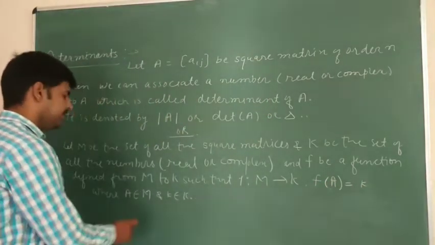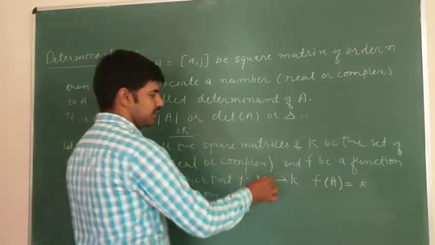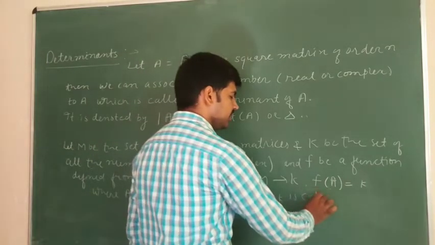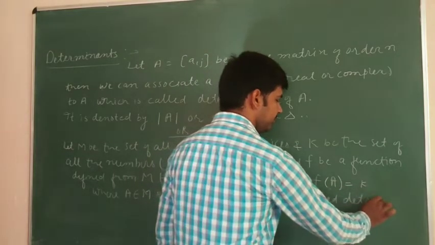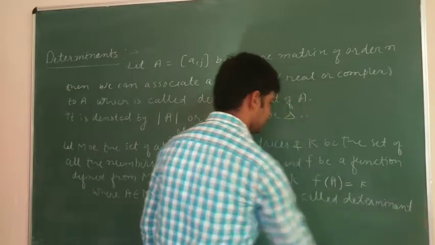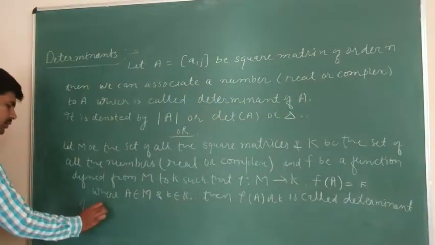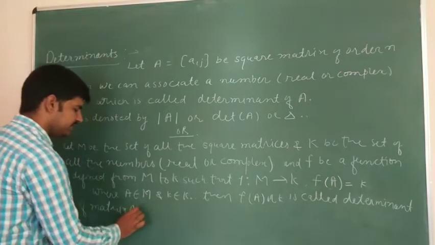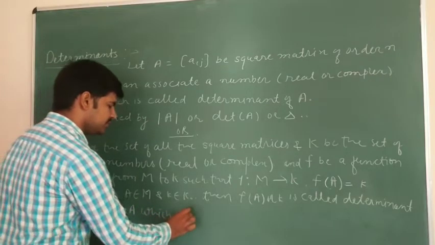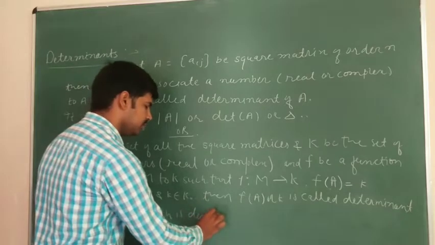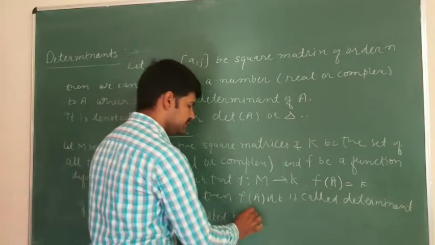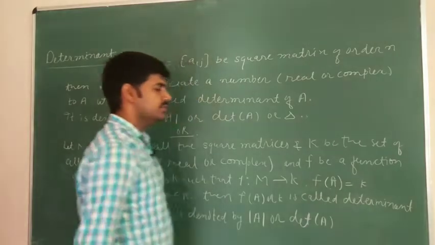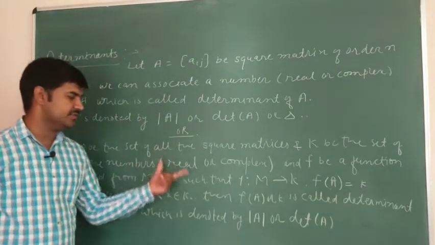So here we can say then f(A), or this small k, is called determinant of matrix A, which is usually denoted by determinant of A. So students, I have defined the determinants in terms of functions as well.